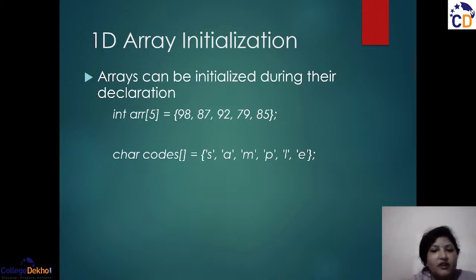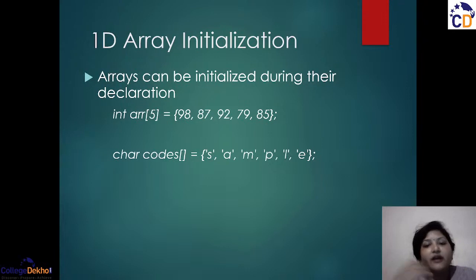Whenever we define this, the ways are also different. Like in numbers, there is no need to enclose them in quotes, whereas when we are defining characters, they should be enclosed in quotes. So this is the difference when we define our character and when we define a number.